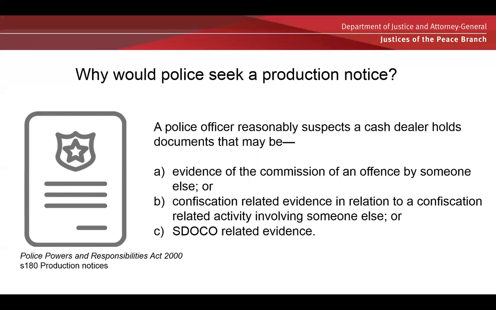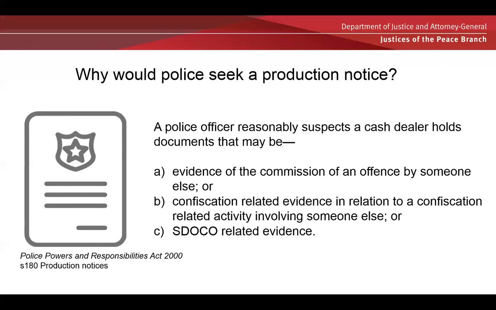So if the police officer reasonably suspects a cash dealer holds documentation that is evidence of the commission of an offence by someone else, or confiscation-related evidence in relation to a confiscation-related activity involving someone else, or serious drug offender confiscation order-related evidence, they can. Those last two terms are quite a mouthful, and I will explain shortly what they mean.